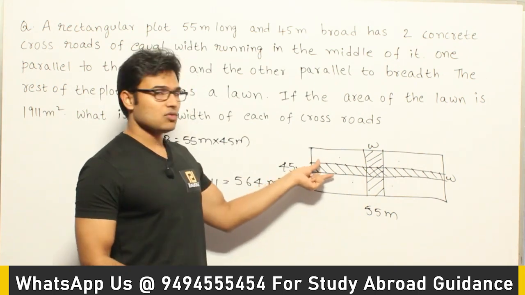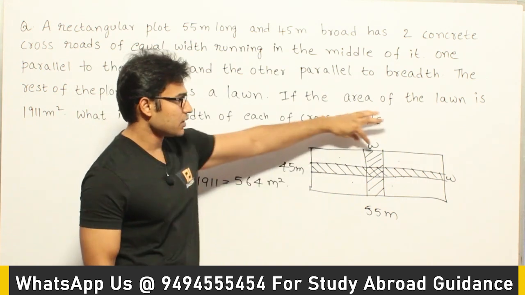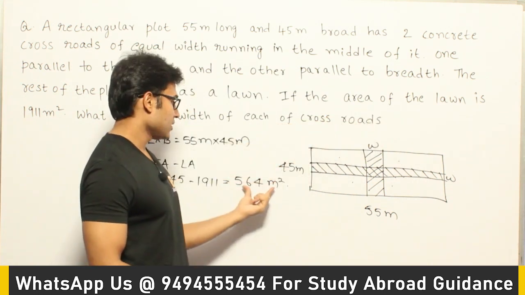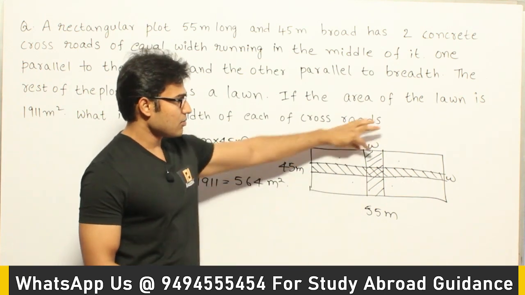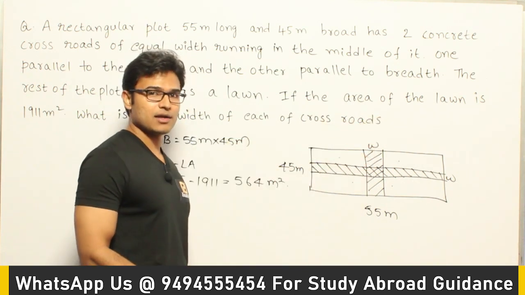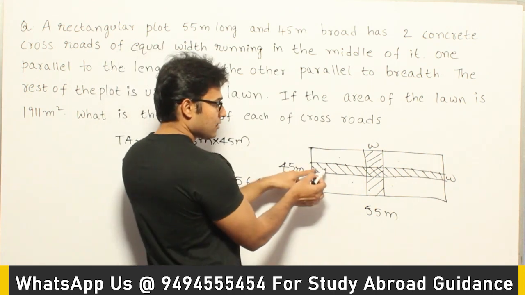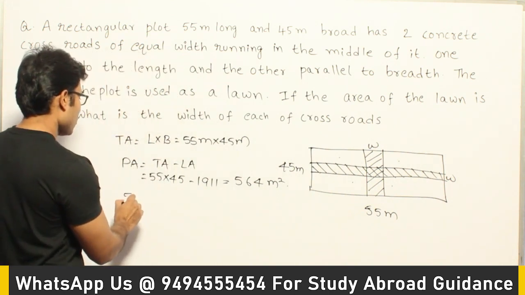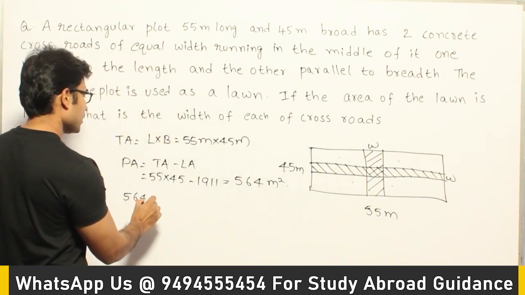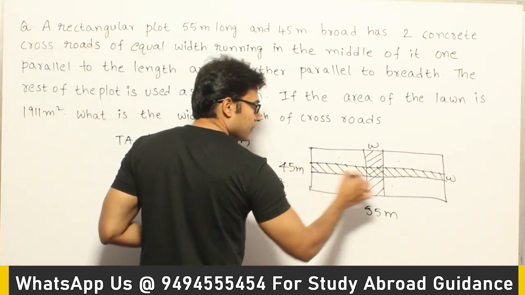Now I will try to equate this entire area to the sum of these two areas. This entire area is nothing but the shaded paths area, which is equal to the sum of these two areas. But when you are adding these two areas, you have to be careful about one part. Now I can equate 564 meters square to the area of the first path.